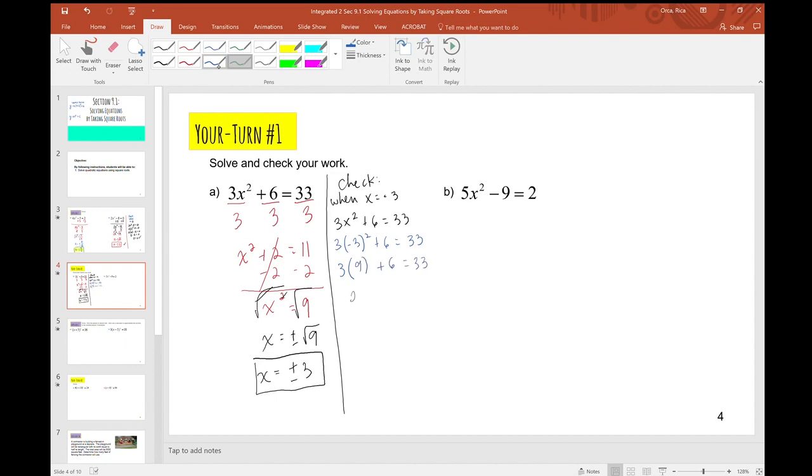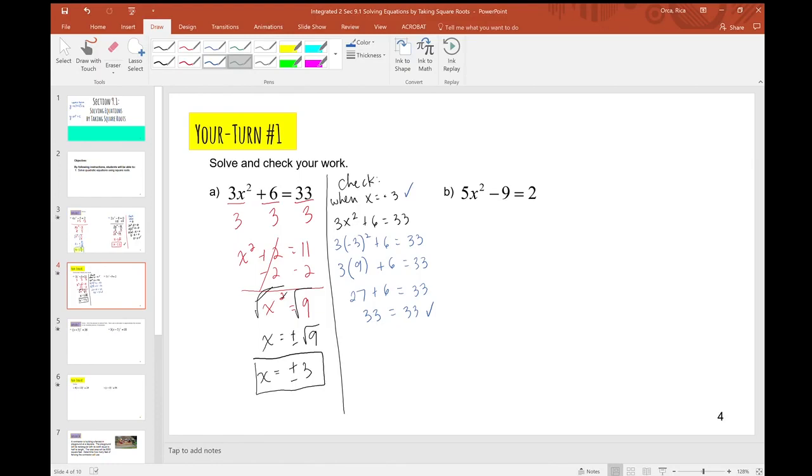And 3 times 9 is 27 plus 6 equals 33. When you combine 27 and 6, you get 33, which equals 33. So x equals -3 is a solution.